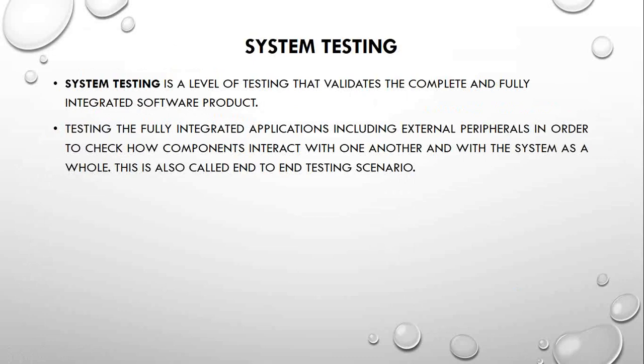Maybe three or four for the user ID, three or four for the password field, and something for the login button. So I am actually checking the functionality of that login module, right?